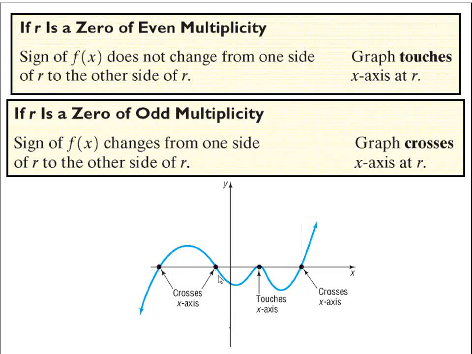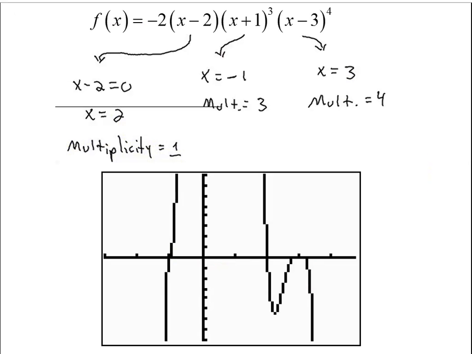And if the multiplicity is odd, the graph crosses or passes through, if you will. So as we develop our analysis, those pieces of information are going to be able to help us sketch a pretty good detailed picture of the graph.